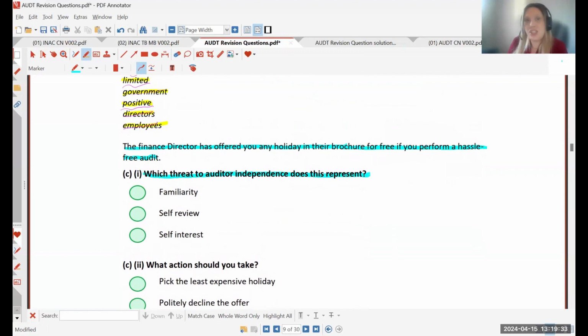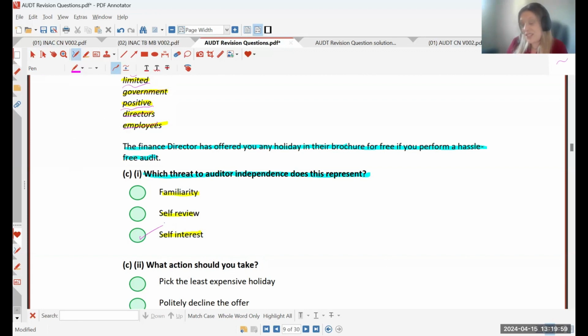Your threats to independence, something you should have been looking at since level 2. Hopefully you're all super happy with these. So our options are familiarity, self-review, and self-interest. Well, I am not going to talk through these 3 options because we are on level 4 into audit, and I would really hope that you would note that this is self-interest.